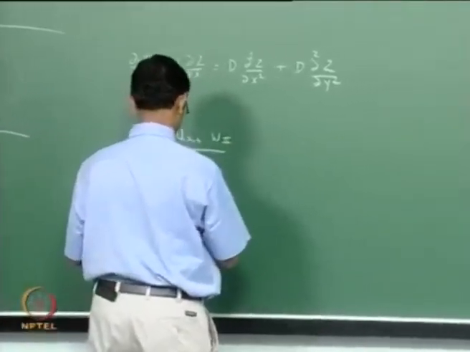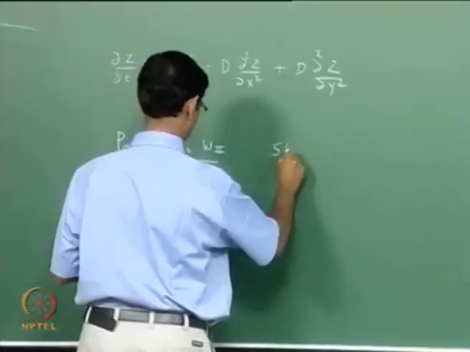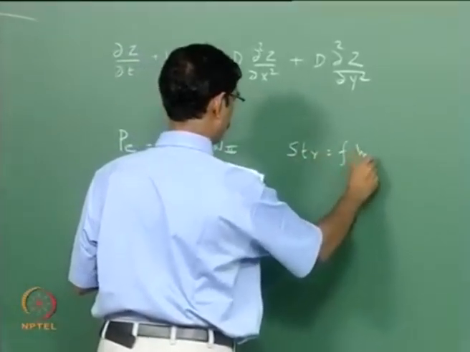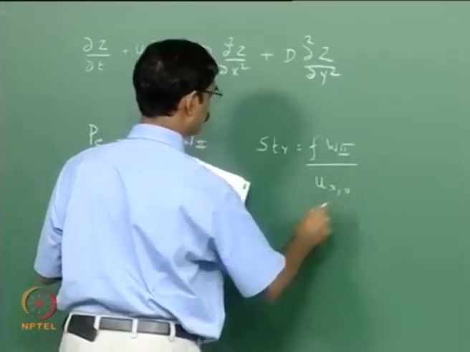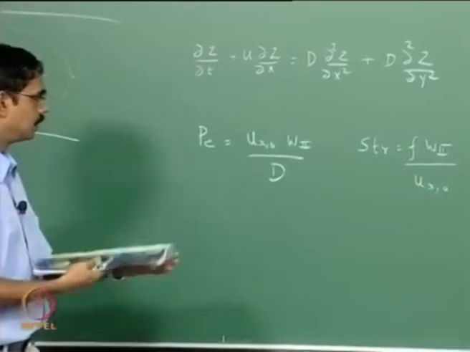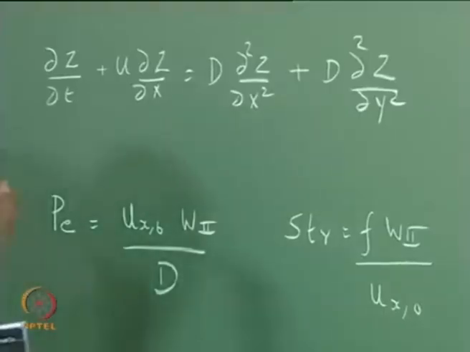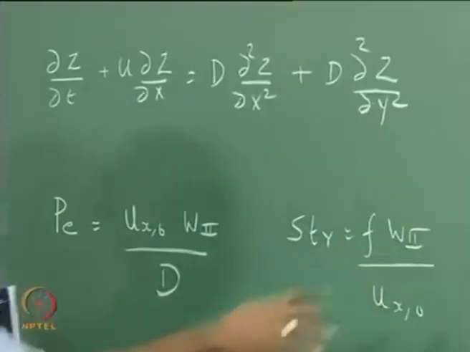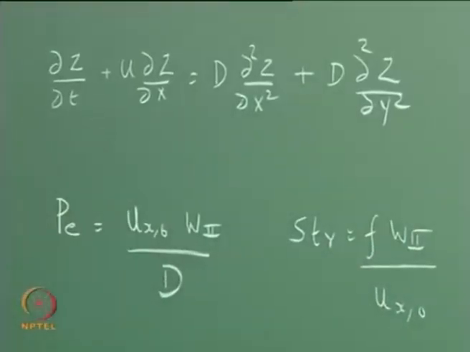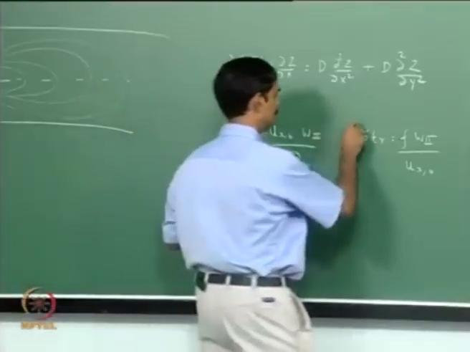Similarly we have the Strouhal number, so W2 over u_x,0 denotes one time scale, 1 over f denotes another time scale. So this is the time scale of the flow, and 1 over f is the time scale associated with the unsteadiness, and so that is the other.